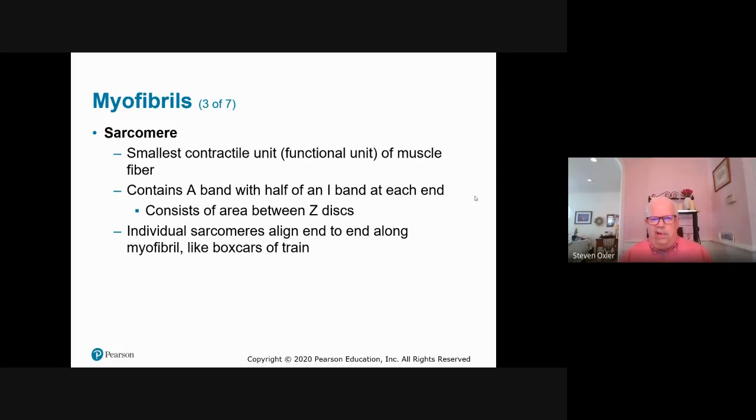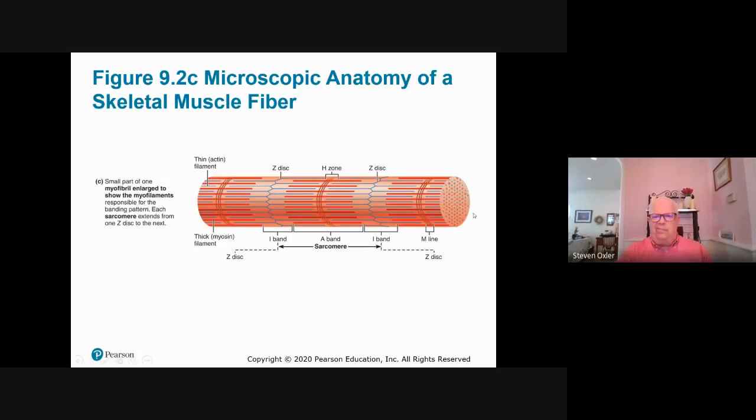Individual sarcomeres are aligned end to end along the myofibril, just like a boxcar of a train. So the sarcomere is extremely important. Know that it is the functional unit of the muscle fiber. It contains one A band and half an I band, and it is the distance between two Z discs.